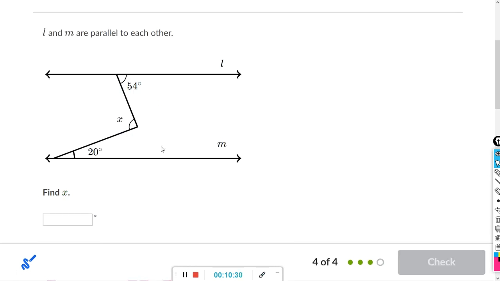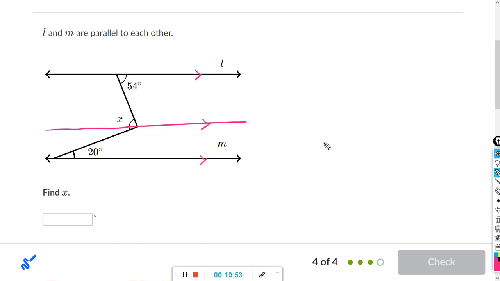Okay, so for this one, it's kind of like the other one. You want to make the third line that's parallel. All right, so I'm going to do that right here. Okay, it already says L and M are parallel to each other. And I just made a third line that's parallel.